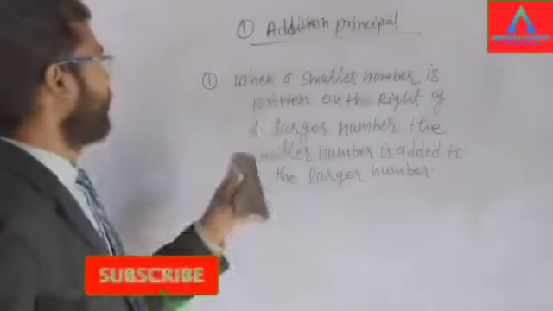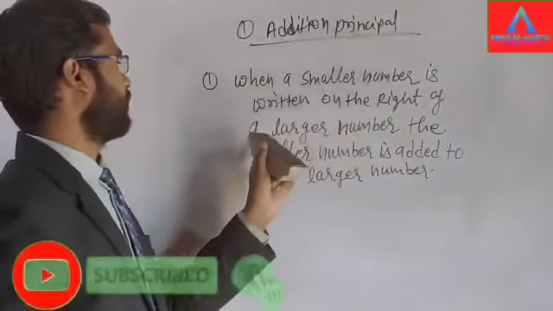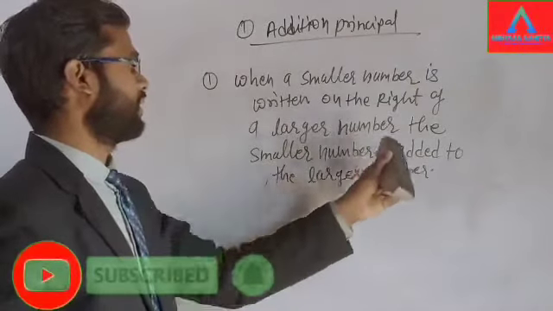Students, when a smaller number is written on the right of a larger number, the smaller number is added to the larger number.